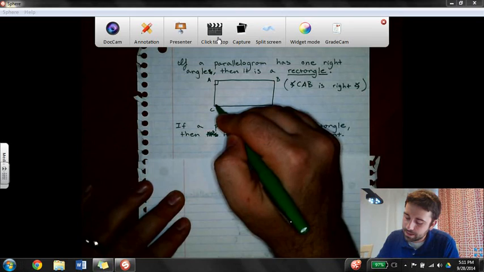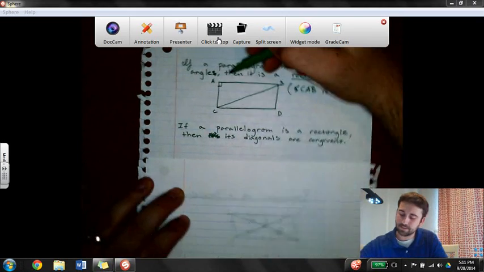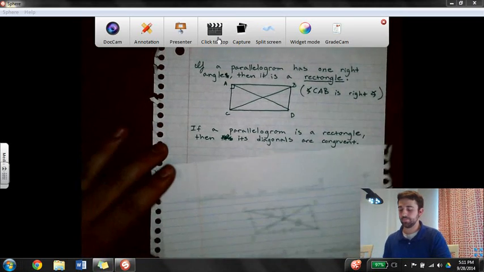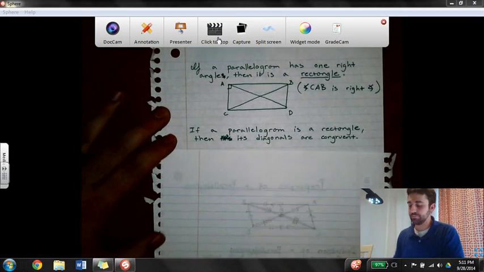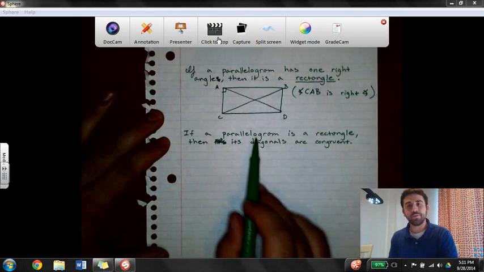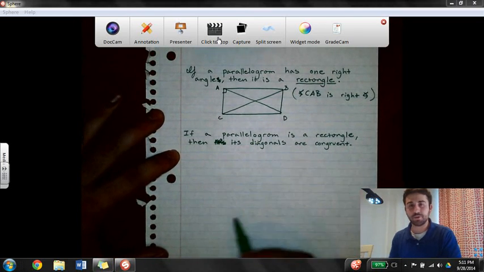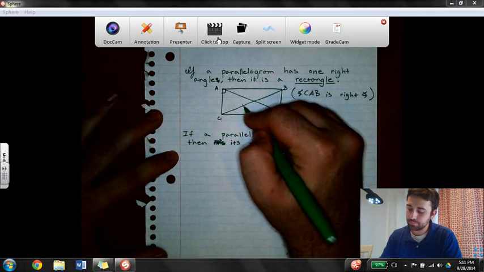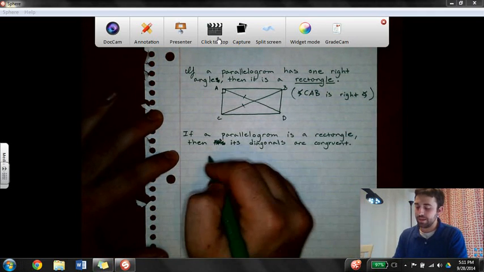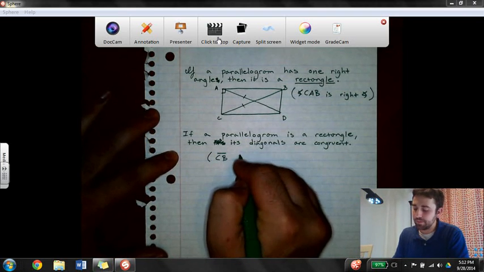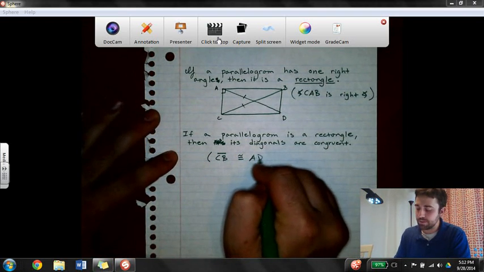Once again, my diagonals are the segments connecting my opposite angles. So given that this parallelogram is in fact a rectangle, then its diagonals are congruent. And we can write this in our notation by saying segment CB is congruent to segment AD.